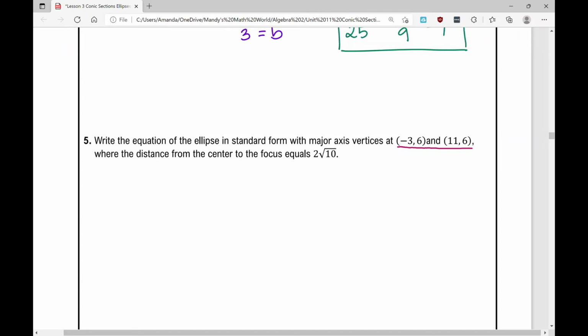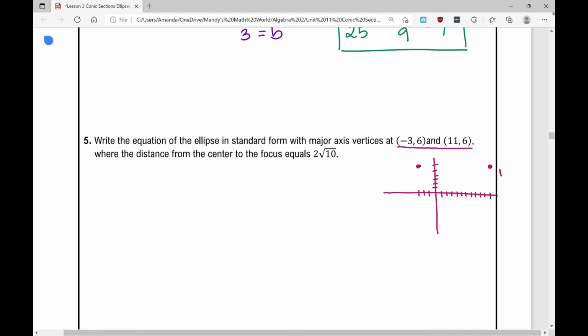Well, first off, our major axis vertices. If I have a point at -3, 6, that's -3, 1, 2, 3, 4, 5, 6, and 11, 6, which is 1, 2, 3, 4, 5, 6, 7, 8, 9, 10, 11.